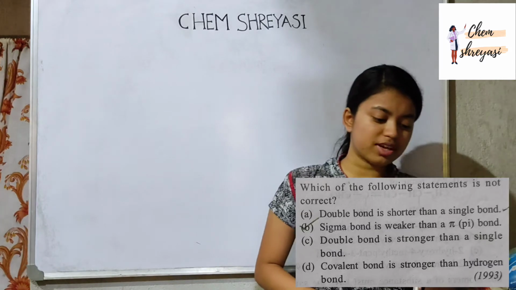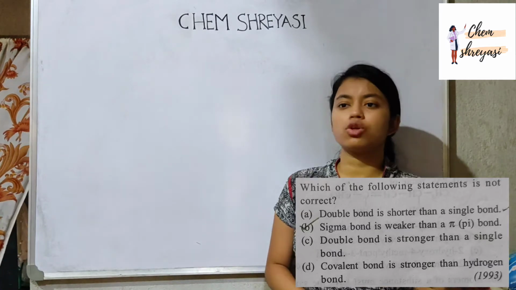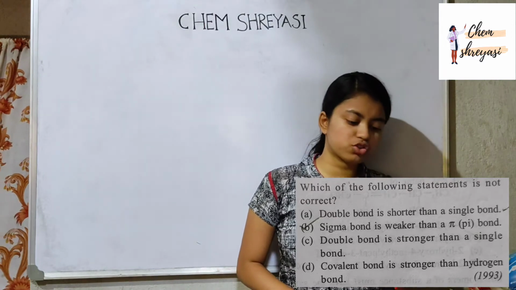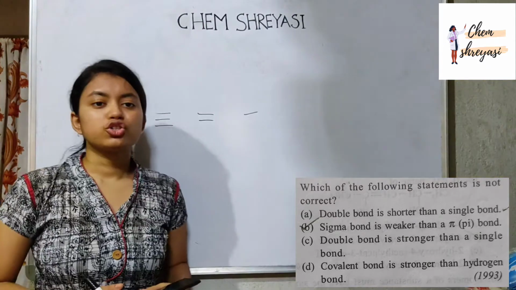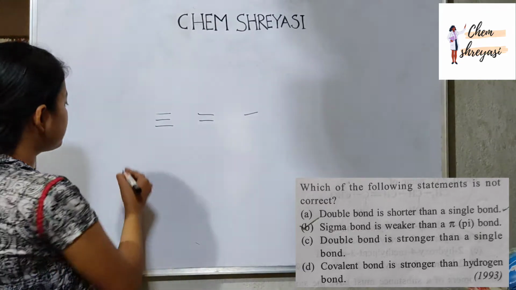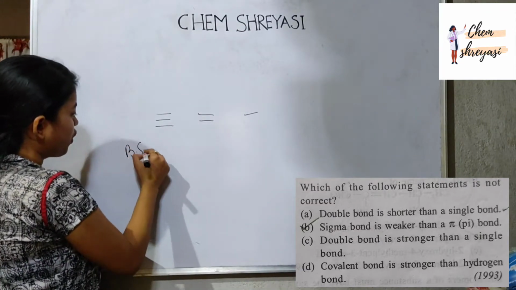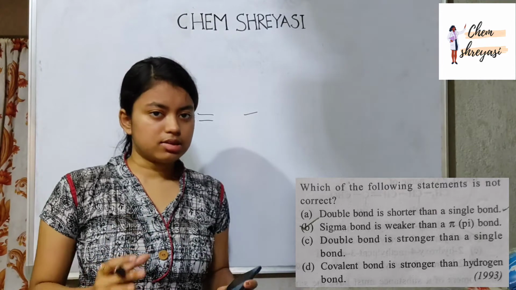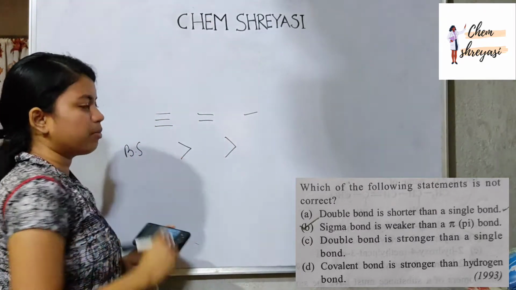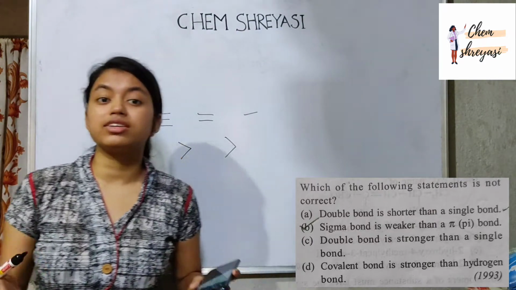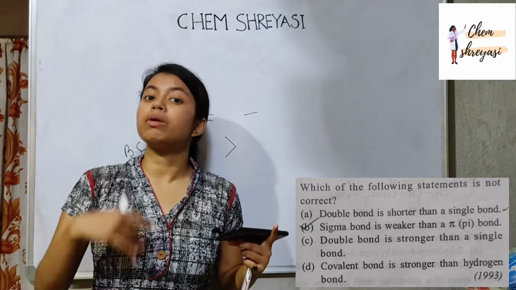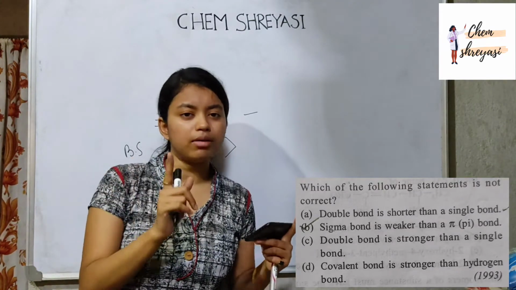So, our next question says, which of the following statements is not correct? The first option says that a double bond is shorter than a single bond. If we see the bond strength, the triple bond is highest, then double bond and then single bond. Of course, if there are 3 bonds between 2 carbons, the bond strength will be much higher than if only one bond is there.